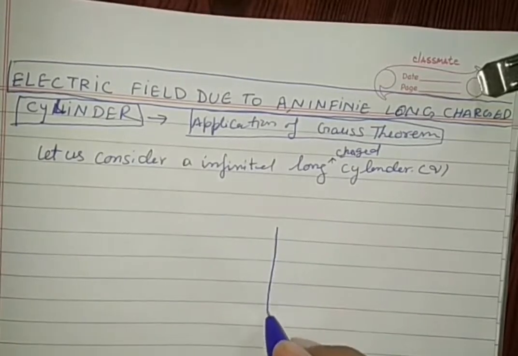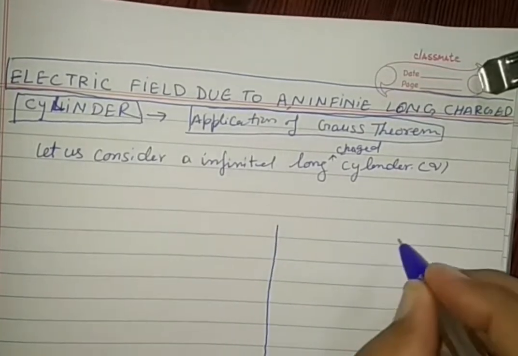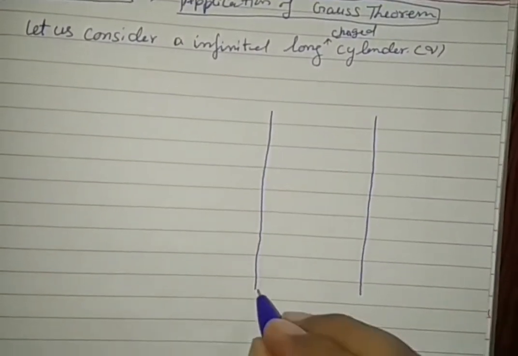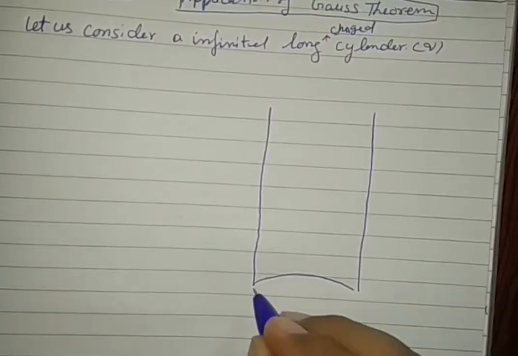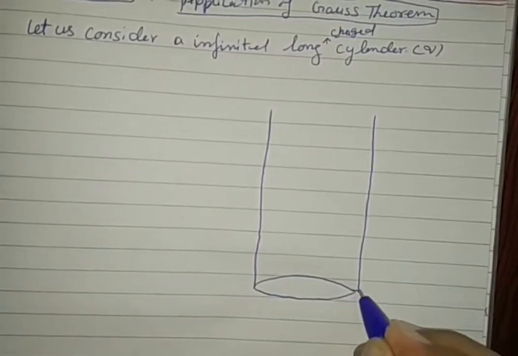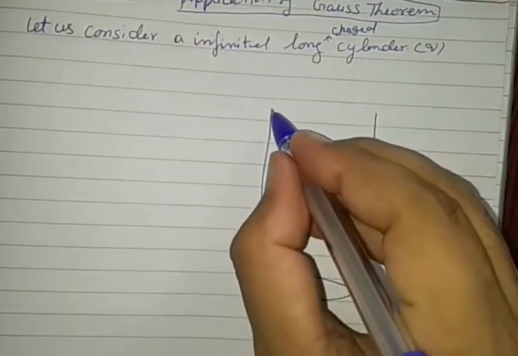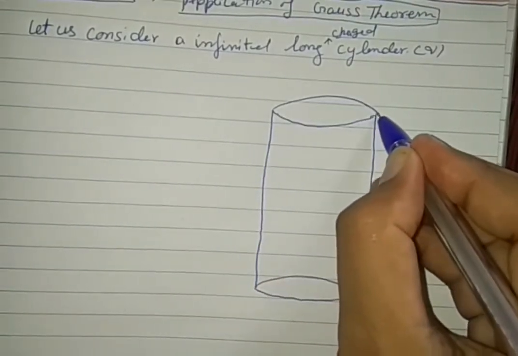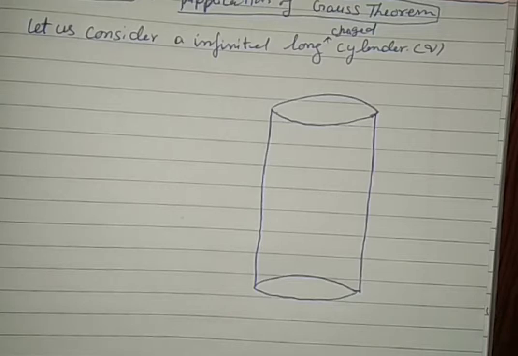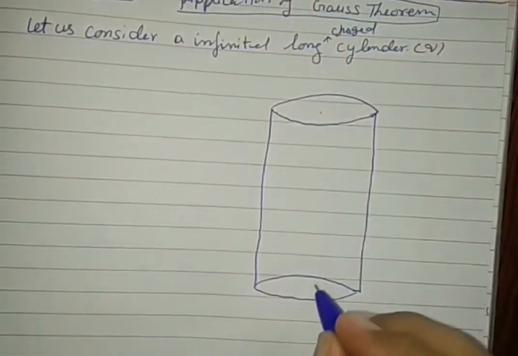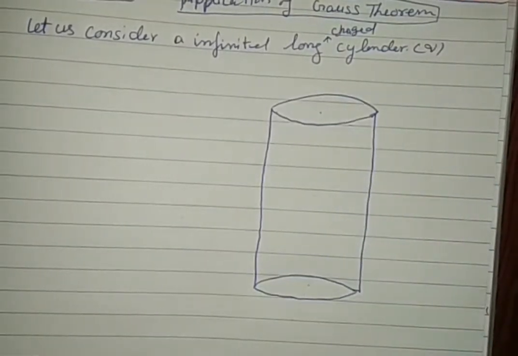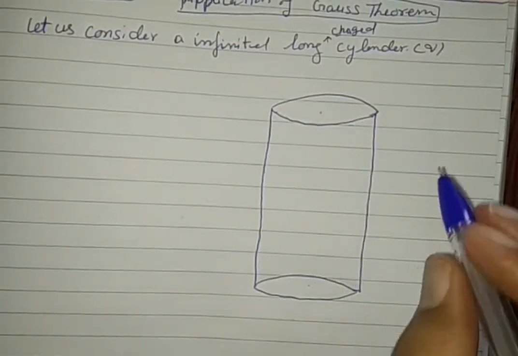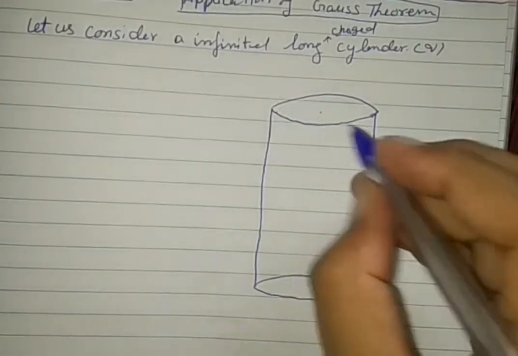I am going to take one cylinder here. Infinitely long cylinder, you see here in it. Why we take it, we will explain here.